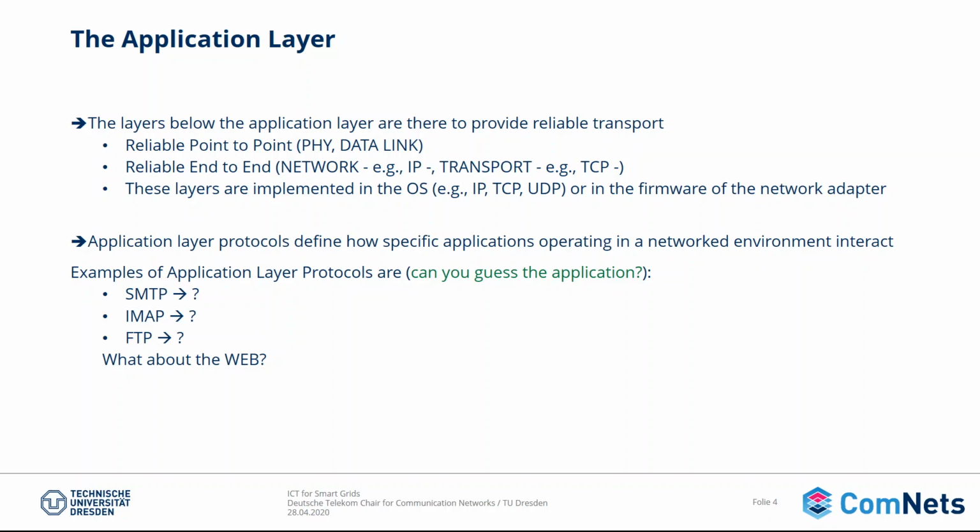Now, these layers are implemented in the OS. The transport layer and physical layer are implemented in the OS, such as with normal computers. So you have IP, TCP, or UDP. These are different protocols that are implemented into the operating system, or into the firmware of the network adapter, like your Ethernet, which has implemented in it the IP version 4 or IP version 6 protocols.